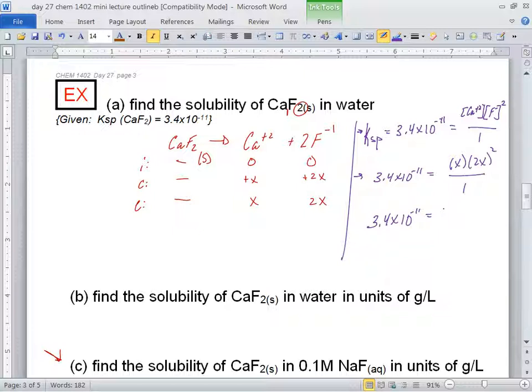Right? So this first part, 2x quantity squared would be 4x squared, and then times x, 4x cubed. And you're right, the one doesn't do anything, so just really 4x cubed.